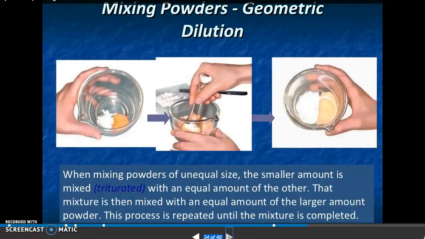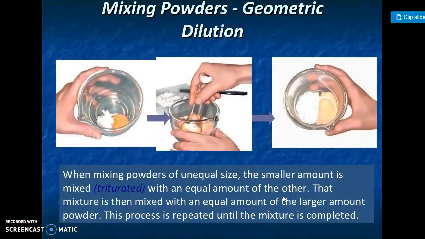All right. Here we have a mortar and pestle. Here's my mortar, here's my pestle, here's my powder. When you are mixing powders of unequal size, the smaller amount is triturated with an equal amount of the other.